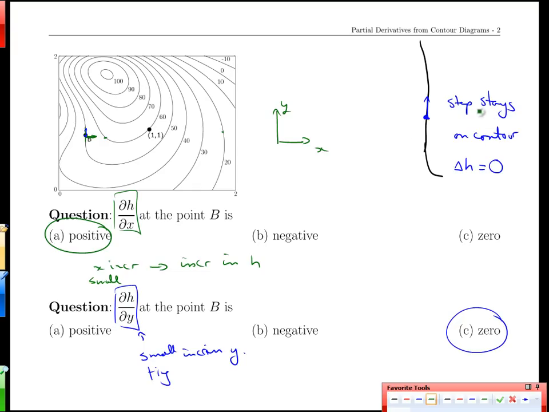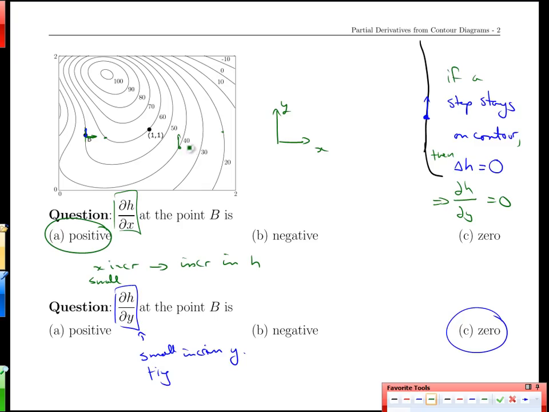And that's going to be true in general. If a step stays on the contour, then your change in the height of the function is going to be 0, and so the partial derivative in this case will equal 0 as well. So that's going to be a special case. Almost any other point we pick, let's say we picked a point here, if we went in positive y, we'd be going towards the 50 contour, so we'd be going up.